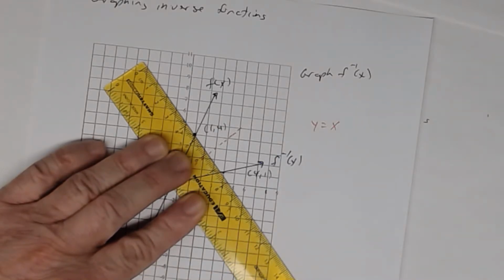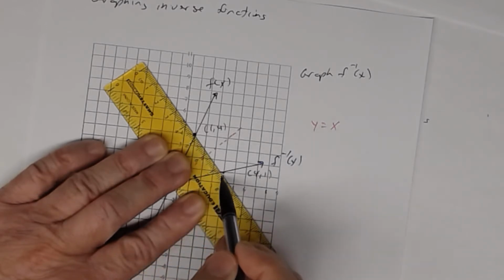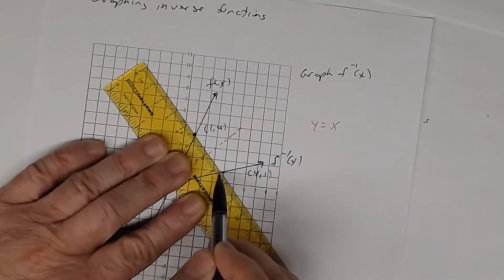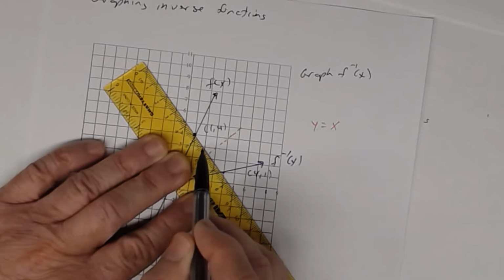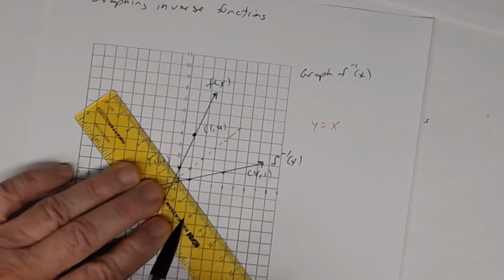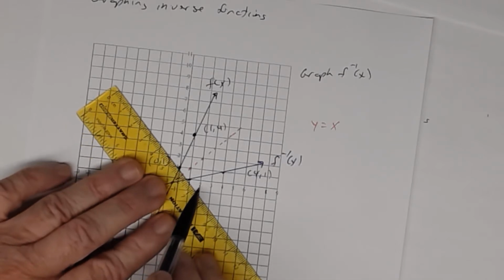I'm not going to draw this line, but I want to show you. If you were to connect this, that segment you would draw would be perpendicular to this dotted line. Same thing here. The point 0, 1 became the point 1, 0 right here.